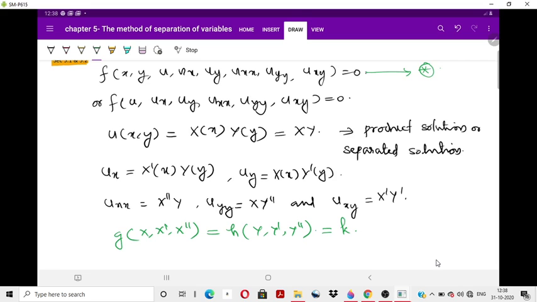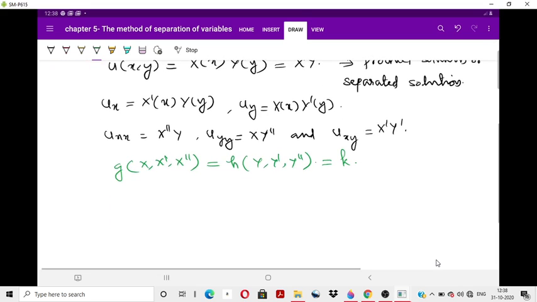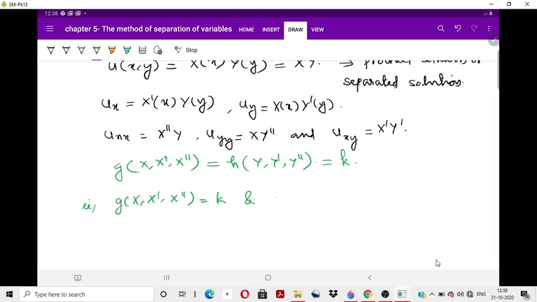Then taking the two functions separately and equating each, that is g of x, X prime, X double prime equal to k, and h of y, Y prime, Y double prime equal to k, we will get two second order differential equations in the variables x and y. Solving these two ordinary differential equations, we will get X as a function of x, and from the second one, Y as a function of y.